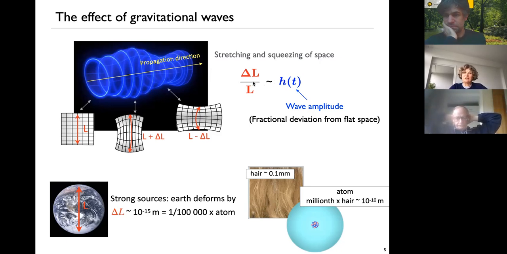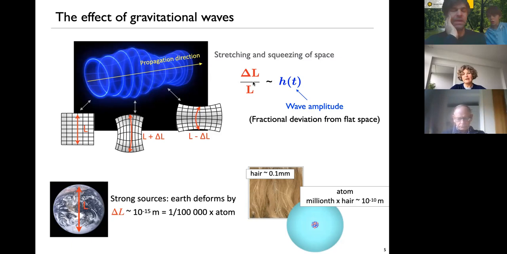And just to get ourselves an idea, how large of a change in length could we expect? Well, if we take the length of the entire Earth, then typical strong sources from astrophysical events like colliding black holes deform the Earth by only about 100,000 times the size of an atom.